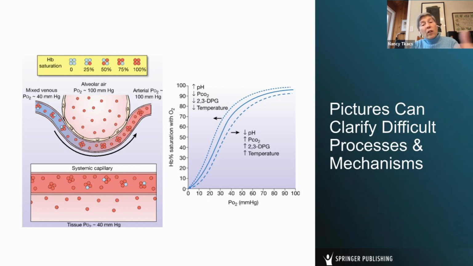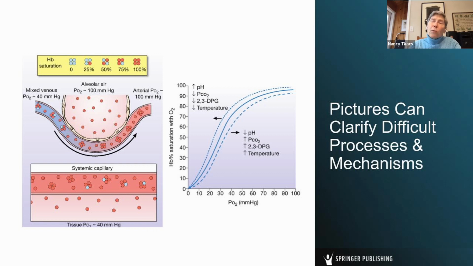From there, we can go on to the right-hand diagram, the oxygen hemoglobin dissociation curve, that puts that relationship into the normal physiological context of loading up in the alveoli on the right-hand side of the curve, and then unloading into the tissues as you go down to lower tissue PO2s.